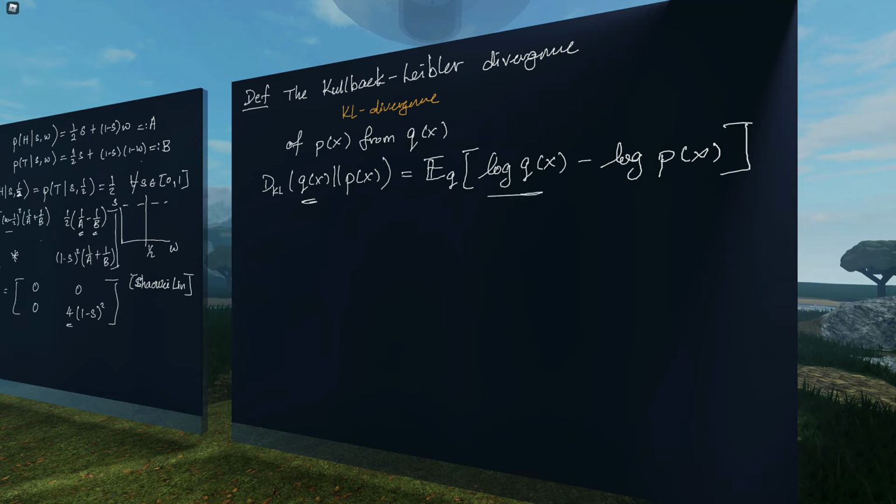If anyone is familiar with information theory, recall that the log of a probability of an event is sometimes known as the surprise of the event.